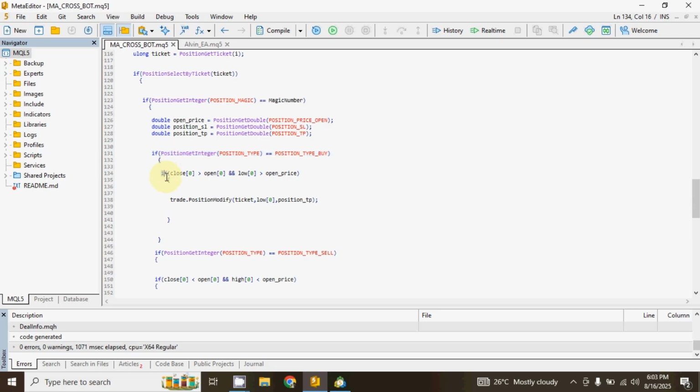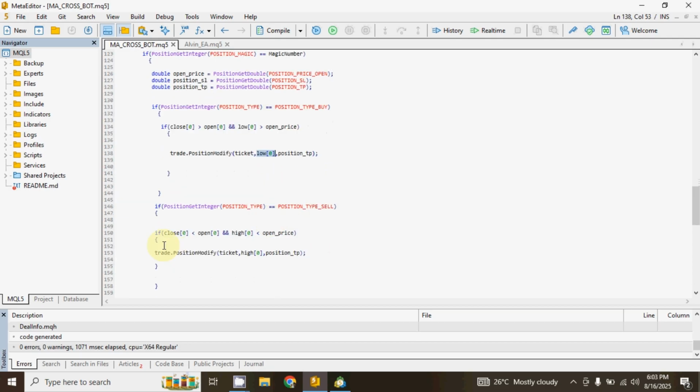The next thing we did was to check if the current open position type is a buy position. After that, we check if the last bar was bullish and the low price of that bullish bar is above the open price of that position. Then modify the trade. So anytime we get a bullish bar and the low price is above the entry point of that position, it will keep moving the stop loss to the current low price of the bullish bar.